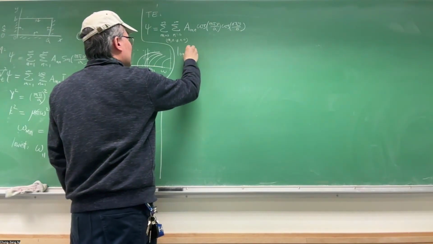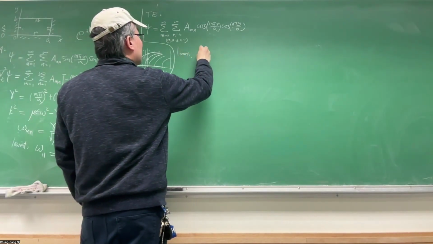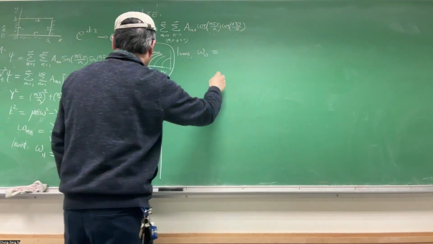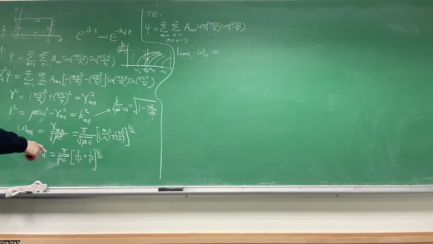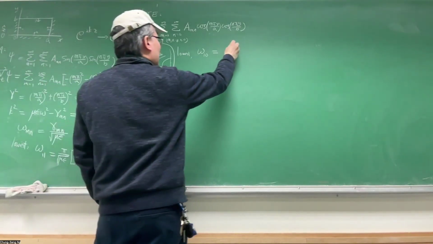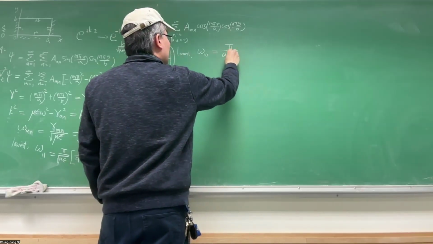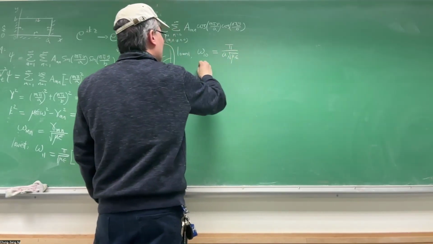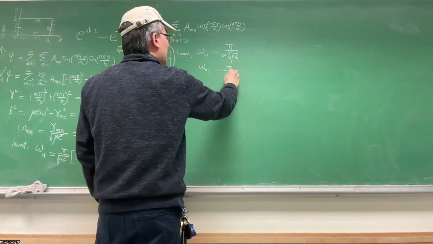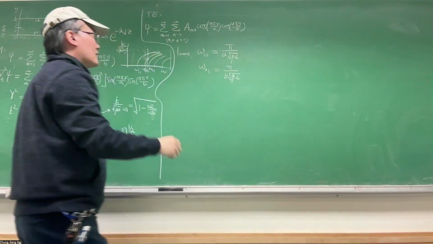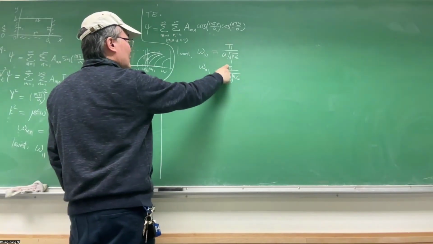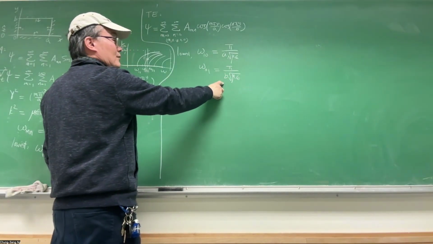Now the lowest cutoff is either omega 1, 0, which is we put in 1, 0 here, just 1 over a squared, so pi over a, times the square root of mu epsilon, or omega 0, 1, pi over b, times the square root of mu epsilon, right? So which one is lowest? It depends on whether a is greater than b or b is greater than a.